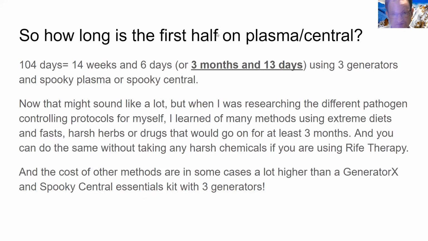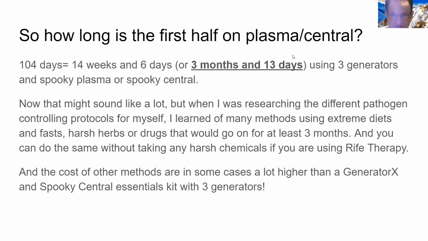So how long is the first half on plasma and central? 104 days, which is about 14 weeks and 6 days, or 3 months and 13 days. So the 3-generator system is roughly the same duration as a regular herbal parasite cleanse. But you're not putting any herbs inside your body, which is going to damage your liver and kidneys and so on and so forth.